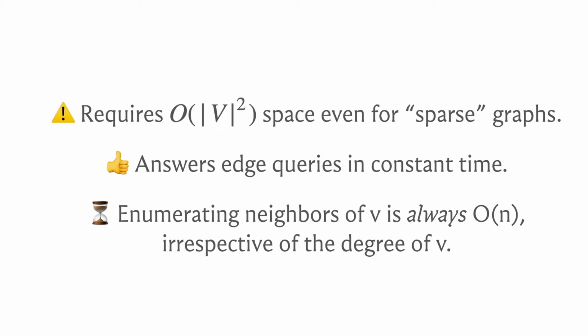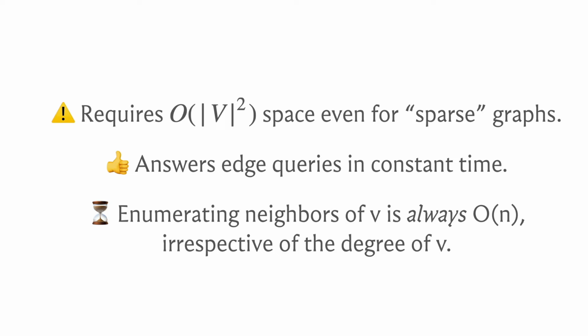Of course, if it's an undirected graph, you could scan either the row or the column. In a directed graph, you have to distinguish between whether you want to enumerate the in-neighbors, which is all the vertices that have an edge into this vertex, arrowheads pointing inwards, or the out-neighbors, which is all the vertices that this vertex has an edge to, so that is the arrowheads pointing outwards.